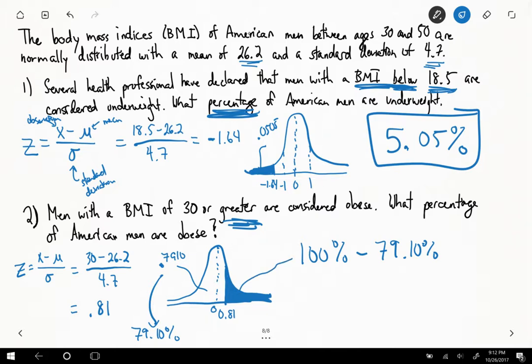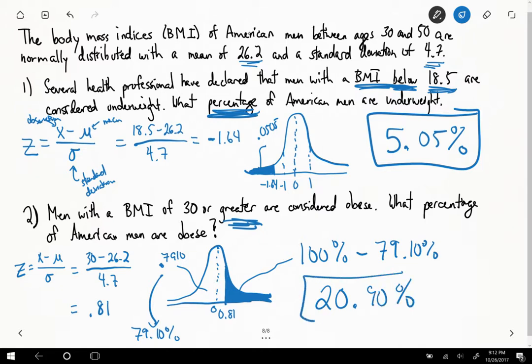Okay, so what does that mean? Well, that means our final answer, when you subtract those two, if this was 80%, by the way, 20% would be your answer. But since you have that extra 0.9 percentage points, we get 20.90, and that's our final percentage as to what goes on there.